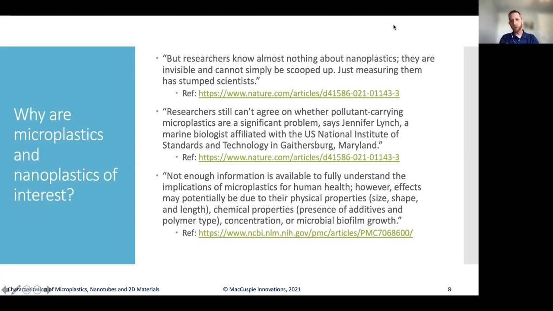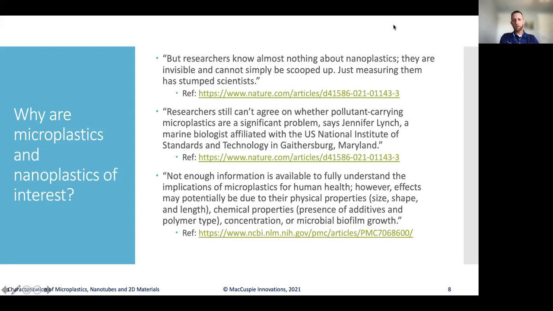Researchers still can't agree on whether pollutant-carrying microplastics are a significant problem, says Jennifer Lynch, a marine biologist affiliated with the U.S. National Institute of Standards and Technology in Gaithersburg, Maryland. Not enough information is available to fully understand the implications of microplastics for human health. However, effects may potentially be due to their physical properties, size, shape, and length, their chemical properties, the presence of additives and polymer type, their concentration, or microbial biofilm growth.